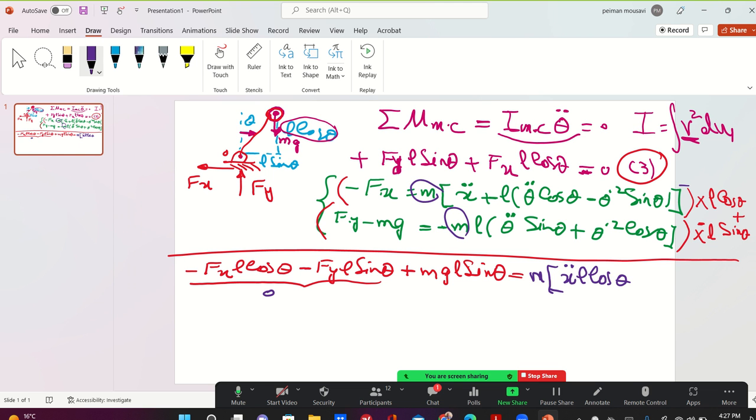Now here, all of you look at here, don't write. L square theta double dot cosine square, L square theta double dot sine square, because minus and minus is plus. That's going to be L square theta double dot. Now minus theta dot square sine cosine and plus theta dot square sine cosine, so they cancel. Here we go. We did it.